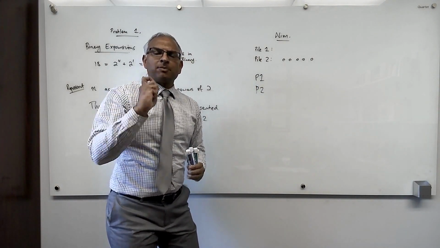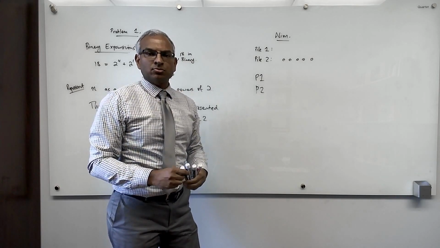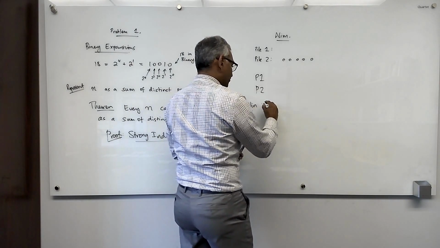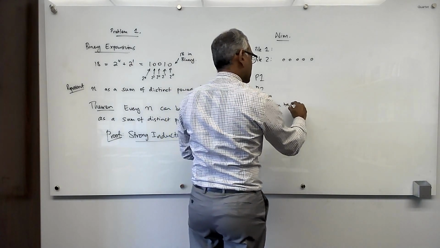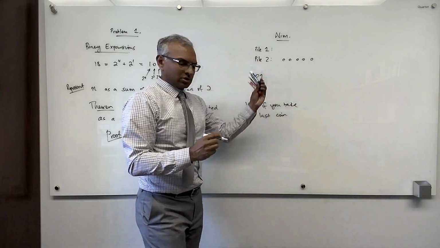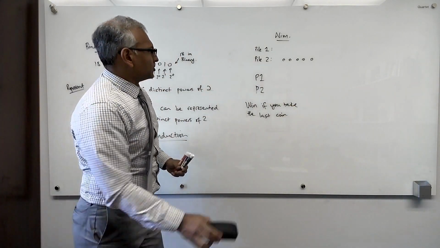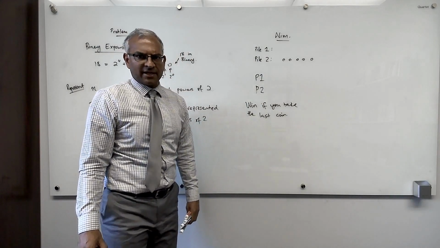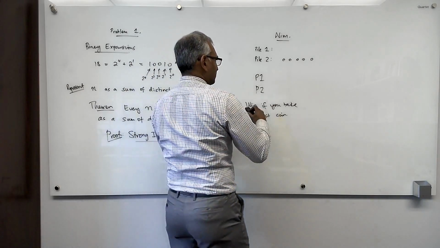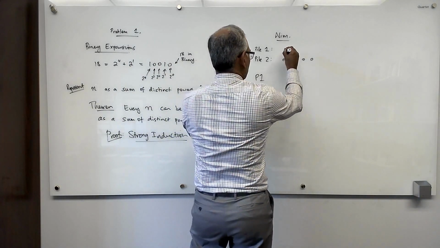The winner is the player who is the last to take coins, so you win if you take the last coin. Clearly, player 1 taking all the coins from one pile at his first turn is an immediate loss.